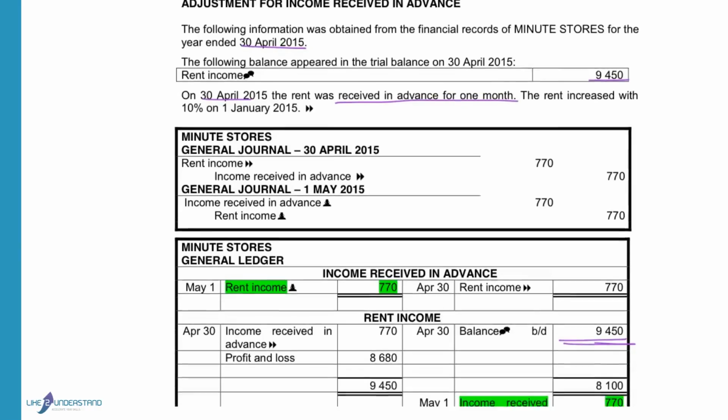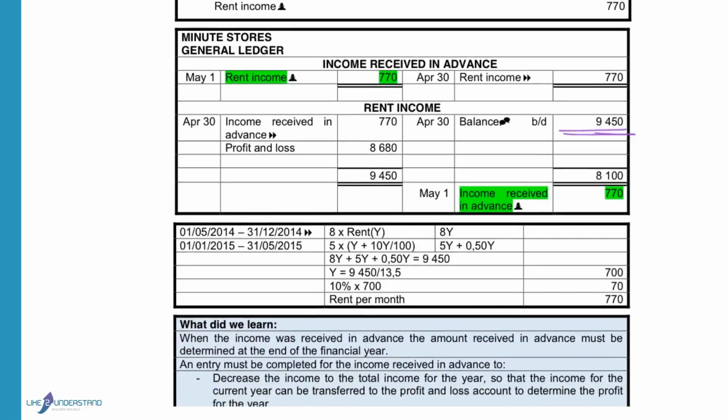So if we look at the calculation, from the 1st of May, the beginning of the financial year, up to the 31st of December was 8 months. In that 8 months, the rent was paid every month, so Y. So the amount that we received was 8Y.